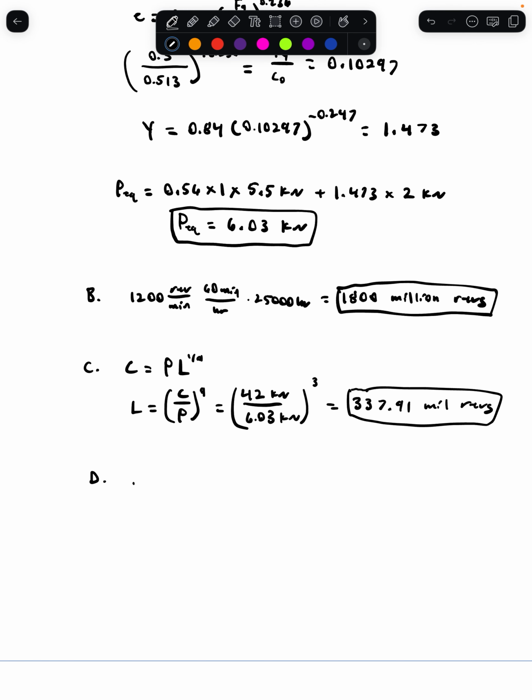So the answer is going to be no, and the reason is that the rated life is less than the required life. So this bearing will not survive this application, and it would need to be redesigned in order to do so.